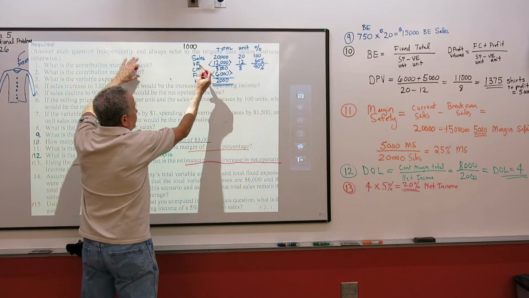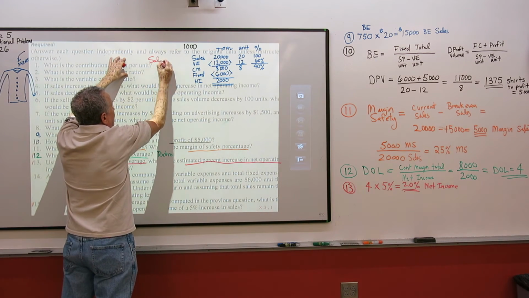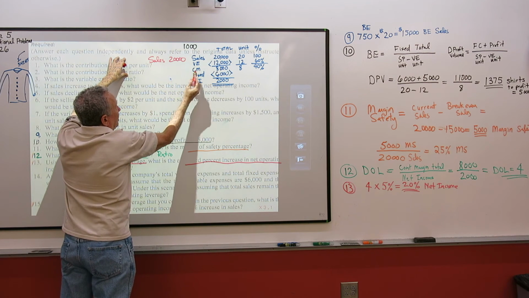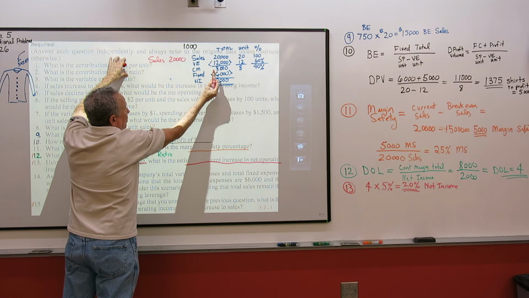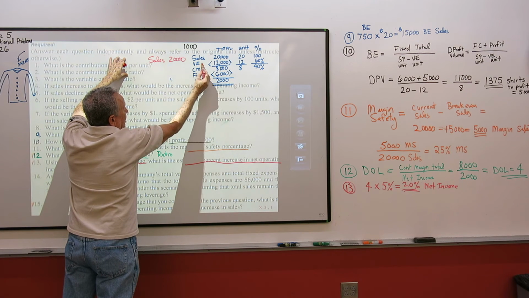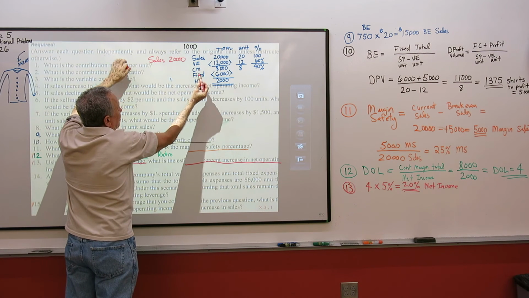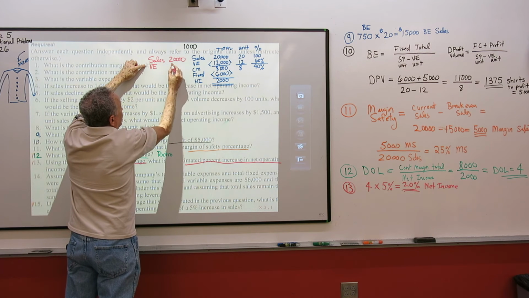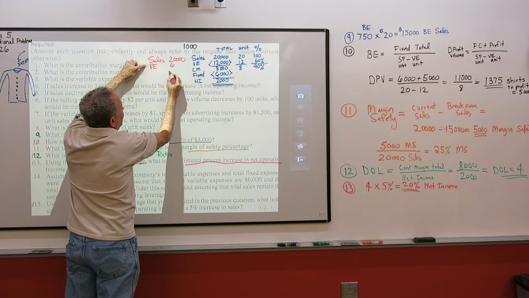Let's go up here and reverse them. Take sales, same thing, $20,000. Here's their proposal. Variable expenses will no longer be 12. It'll be 6. We're going to invert these: variable will be fixed and fixed will be variable. So the variable expenses now will be what? 6. Whoops, did I say that right? Yeah, 6,000.